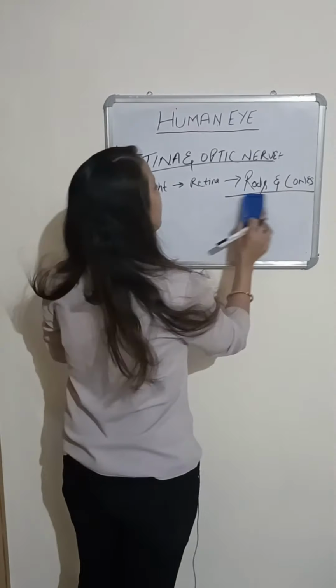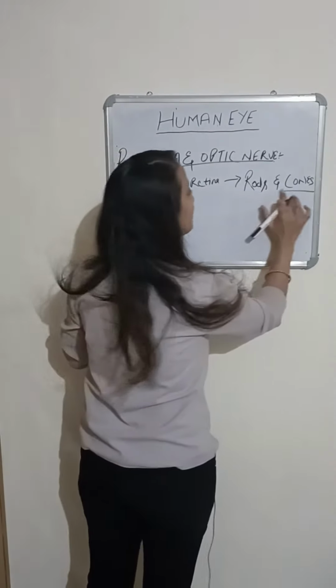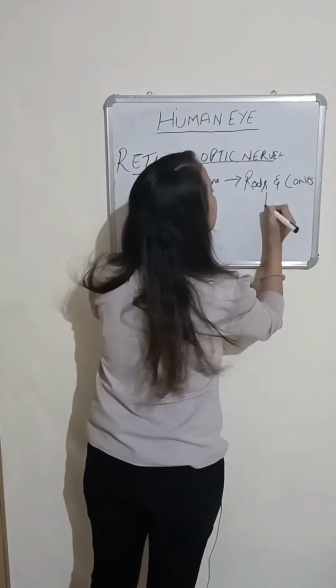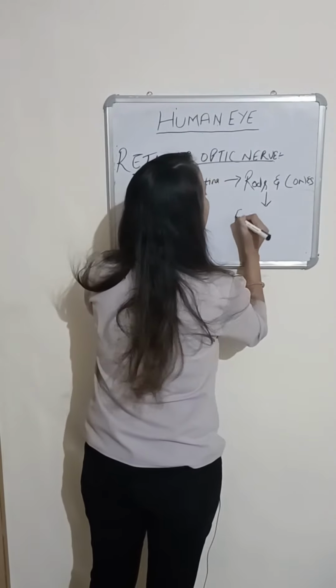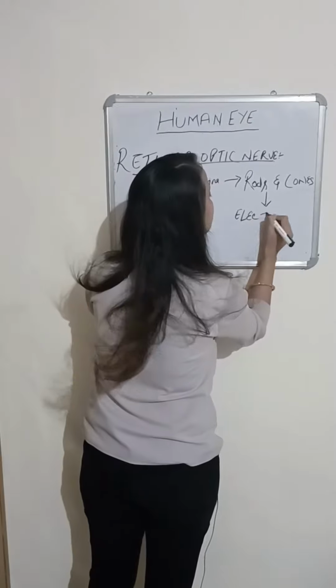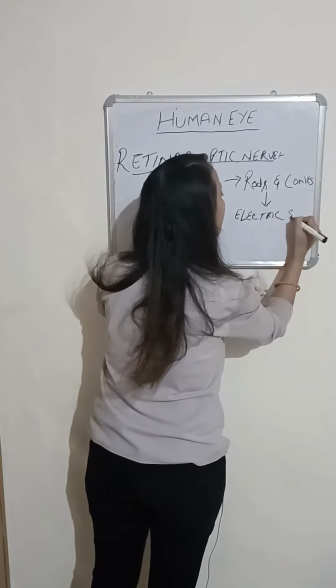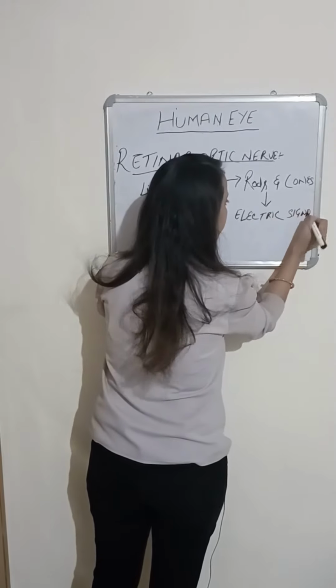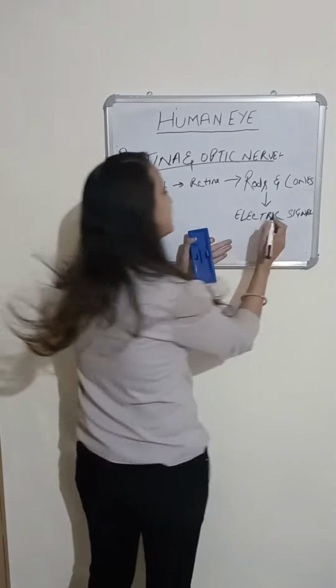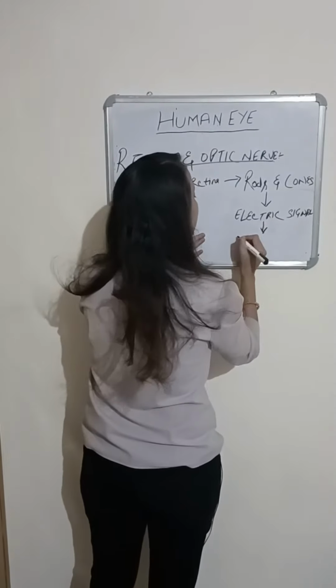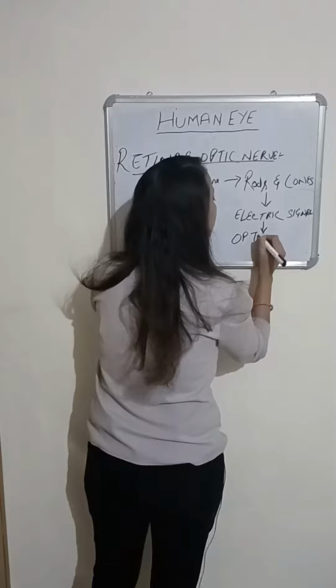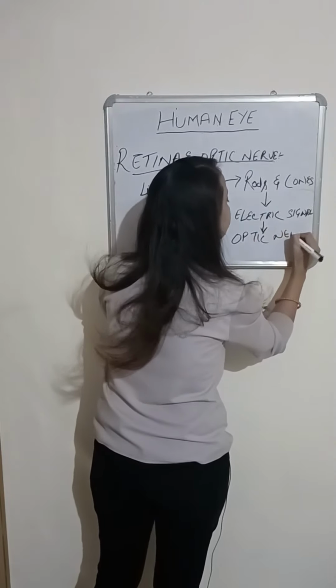Okay. Now what happens when these cells are activated? These cells convert the light into electric signals. These electric signals are then taken by the optic nerve to the brain.